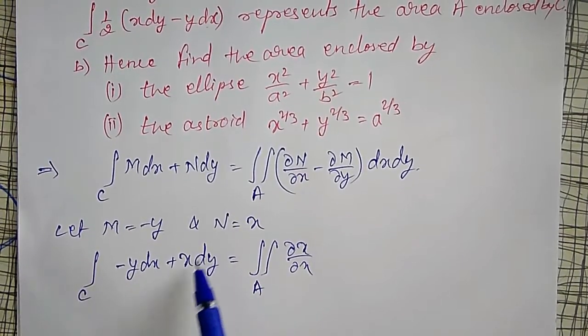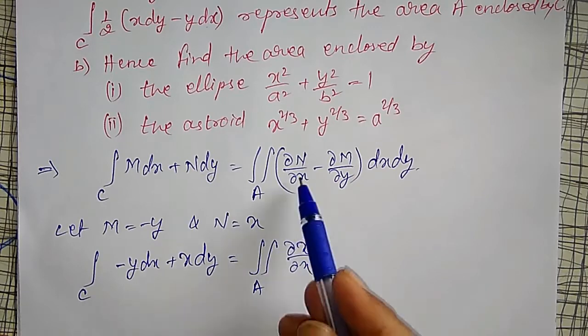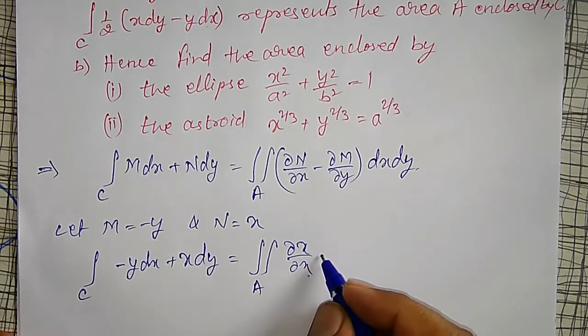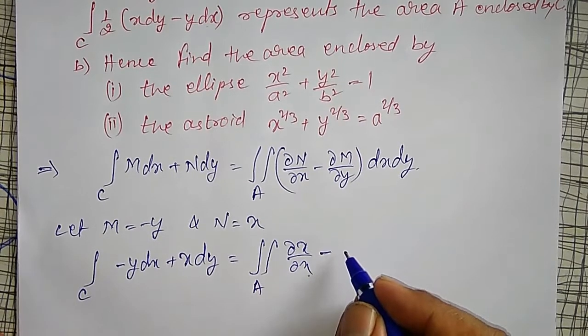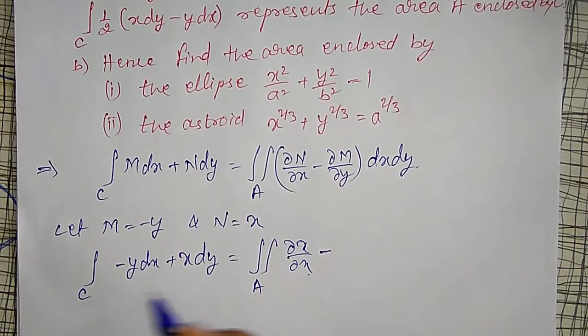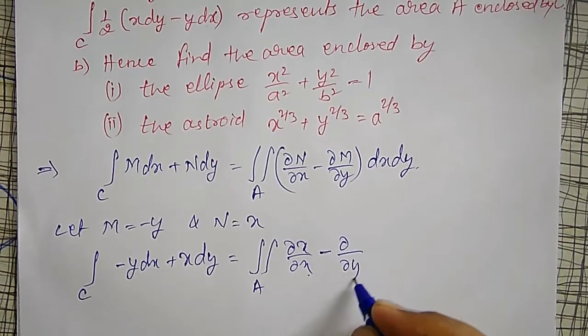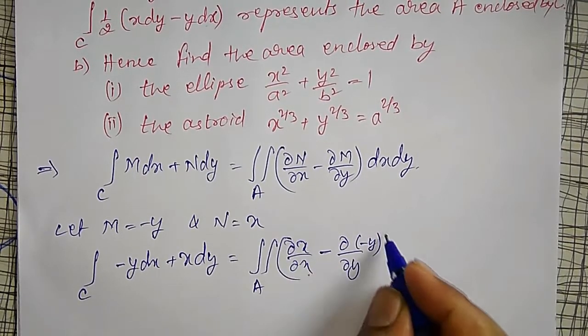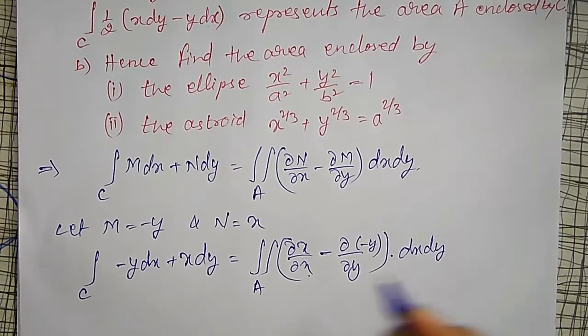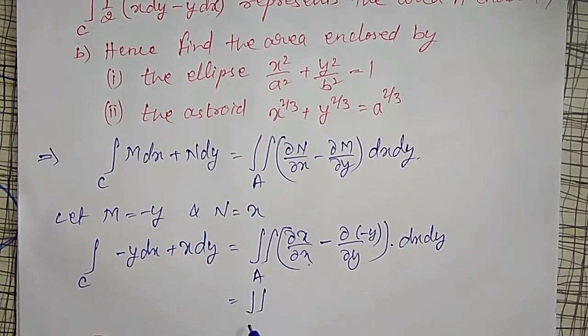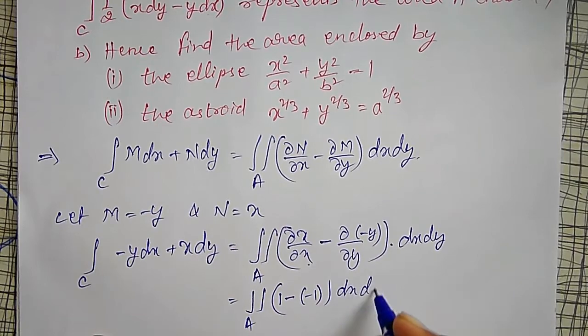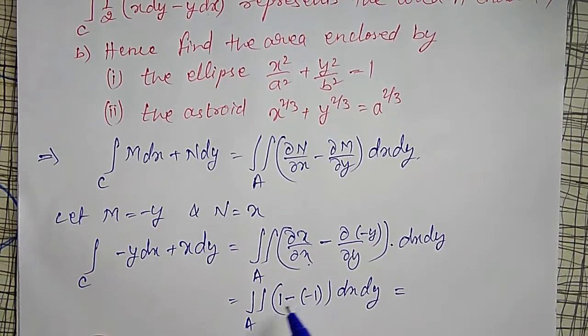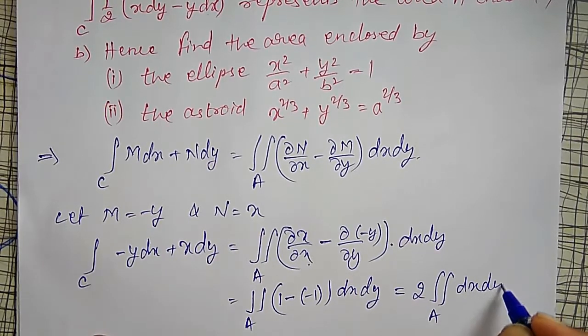Here N is equal to x, therefore dou x by dou x, minus dou M by dou y, where M is minus y, therefore dou by dou y of minus y. Integrating the right hand side, the partial derivative is 1, and already there is a minus, so one more minus 1 into dx dy. Minus of minus is plus 1, that is 2 times the double integration over the region A of dx dy.